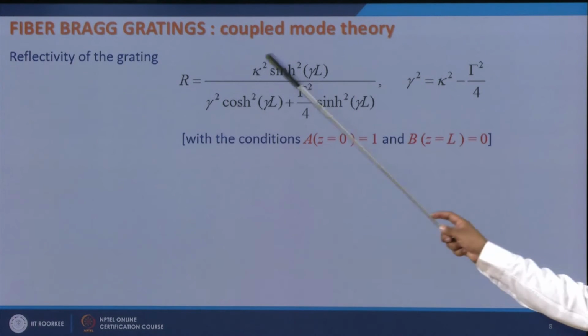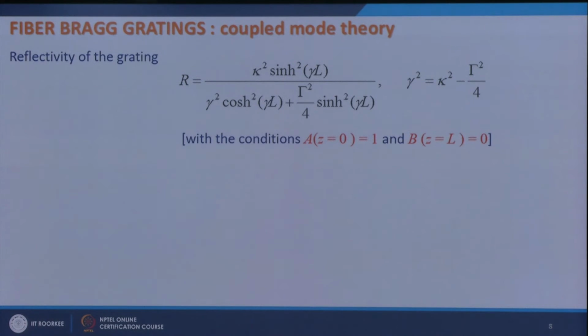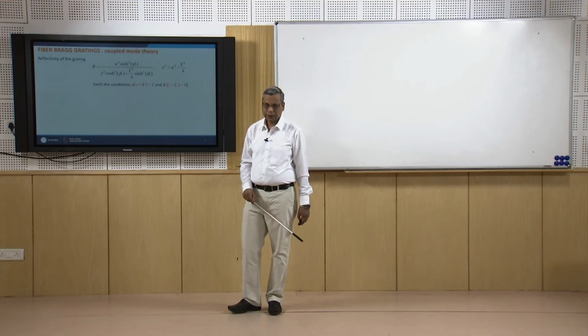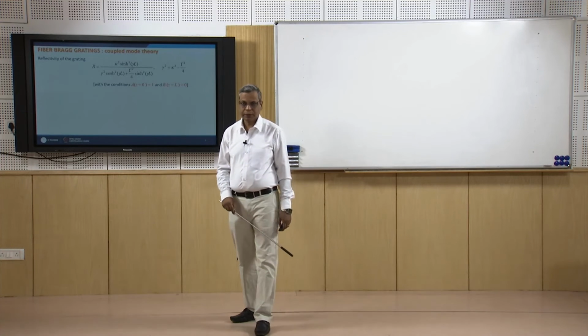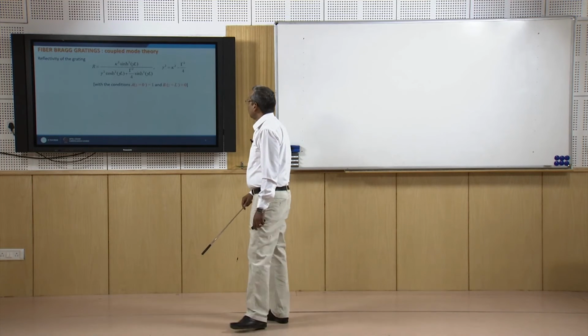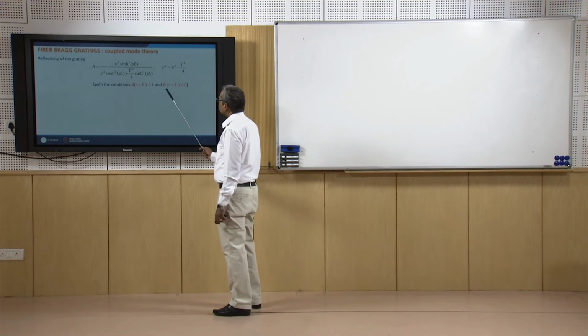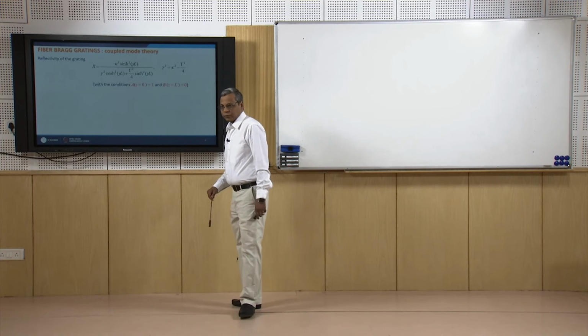This expression has been obtained using the conditions that at the input end of the fiber, that is at Z is equal to 0, A is equal to 1, that is all the power is in the forward propagating mode, and B at Z is equal to L is 0.